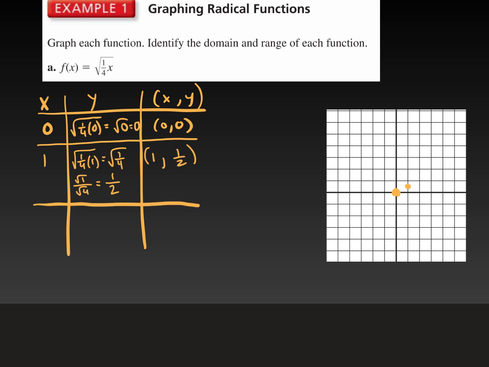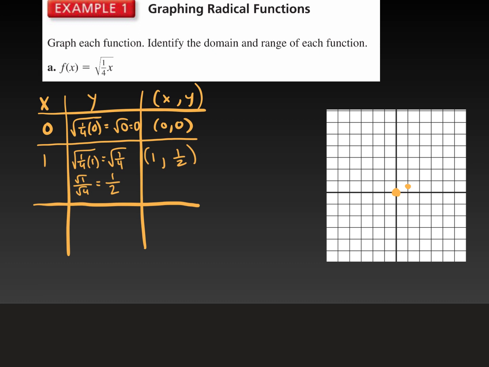Now let's think about it. I'm plugging in a number into the x, and I'm multiplying it by 1/4. So what do you think another good number to plug in would be? 2 would be okay, especially if we have a calculator, but what's a good number to multiply by 1/4? 4.